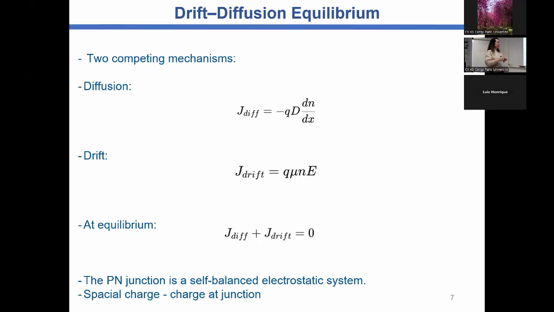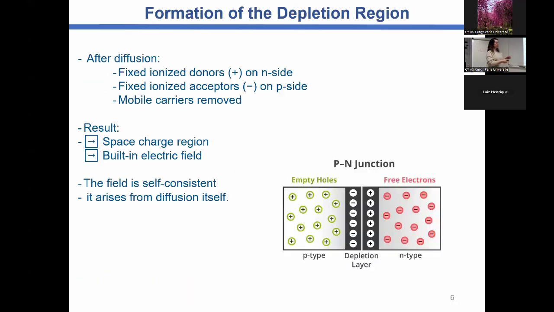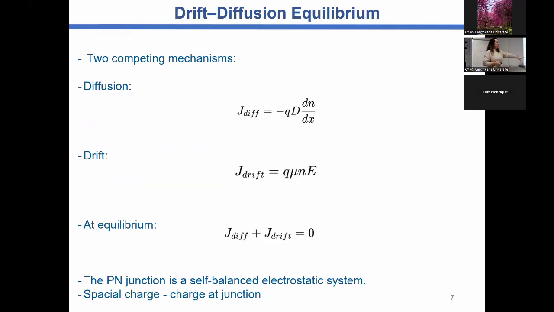And during equilibrium, in terms of this figure, we have both drift and diffusion. The sum of the drift and diffusion is net zero. So the electrostatic system is well balanced by itself.